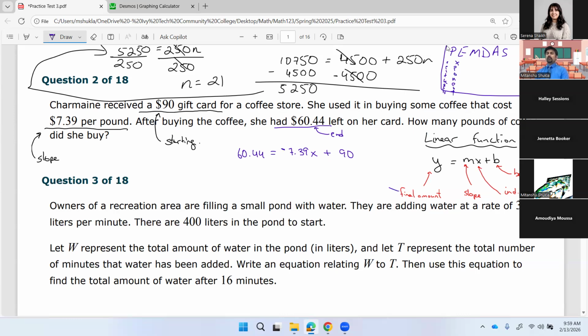M means multiplication. D means division. A means addition. And S means subtraction.